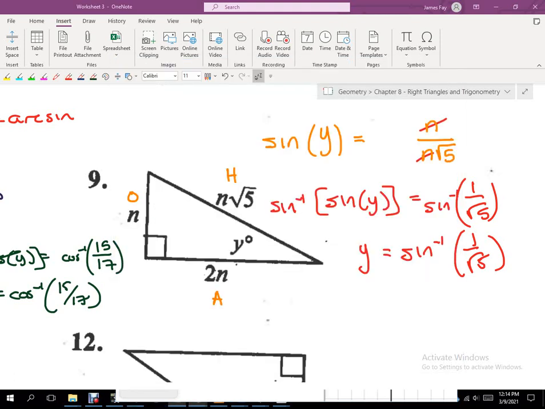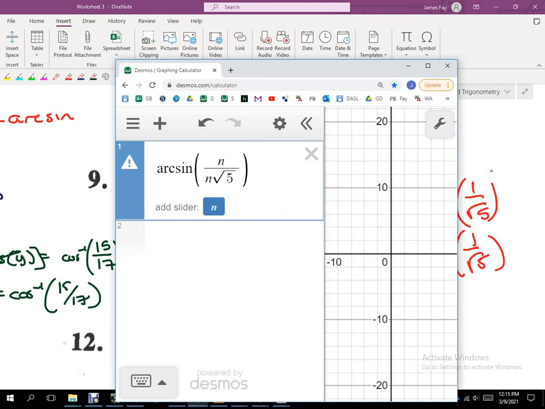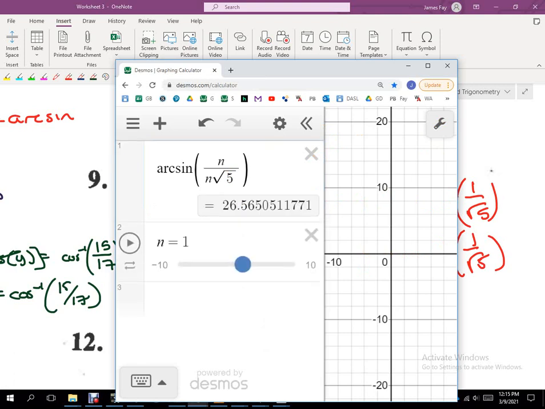So when I put n's on these, it's basically saying that if n is 1, you have a triangle maybe this size. If n was 2, it doubles, right? If n is 3, it triples. But if those triangles are all similar, then don't they have the same angle y in them? Because all similar triangles and all similar shapes just in general, polygons in general, have to have angle congruence. Okay? So what I'm trying to get at here is you can let n be anything.